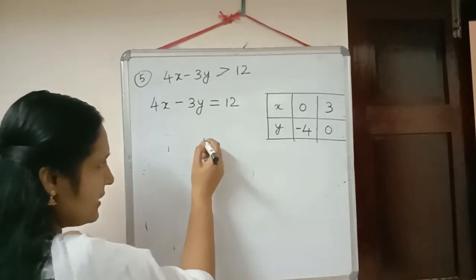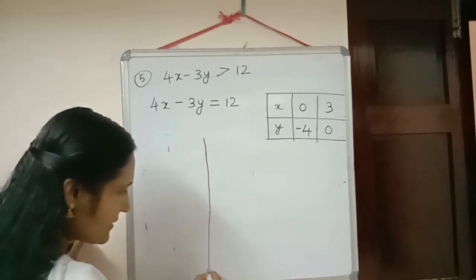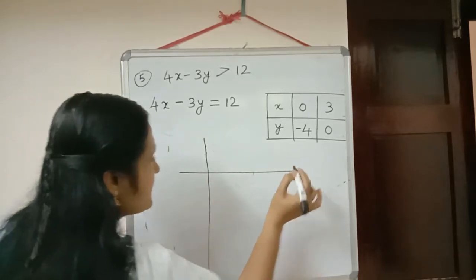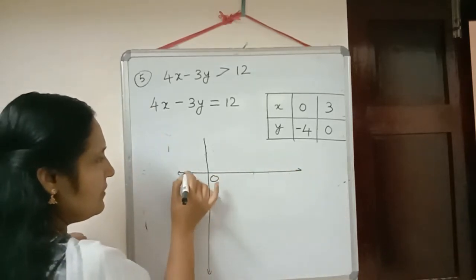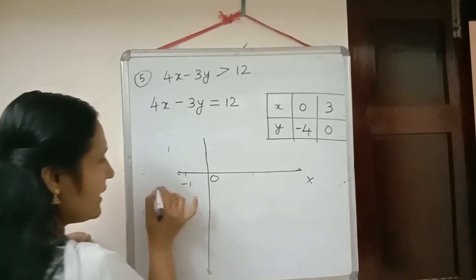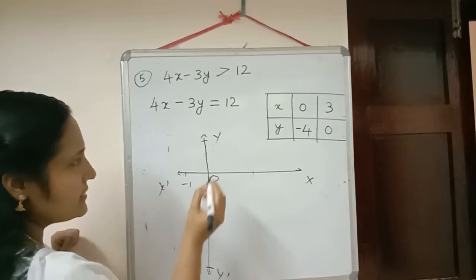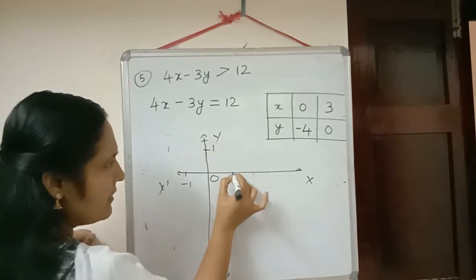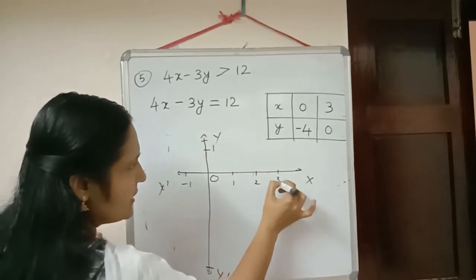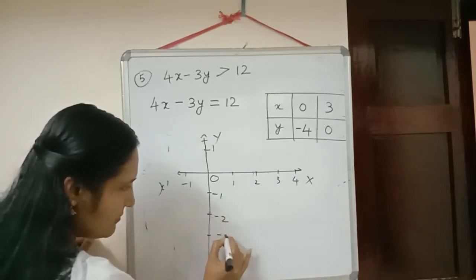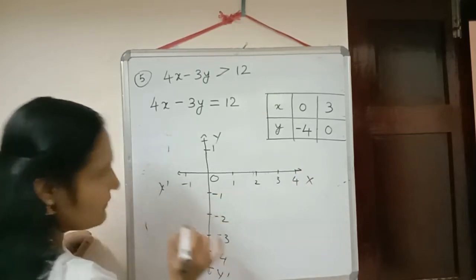So again on the negative side of the y axis, we want till minus 4, and for x we need the positive side only. So 0, x dash, y dash, here 1, 2, 3, 4, minus 1, minus 2, minus 3, minus 4.